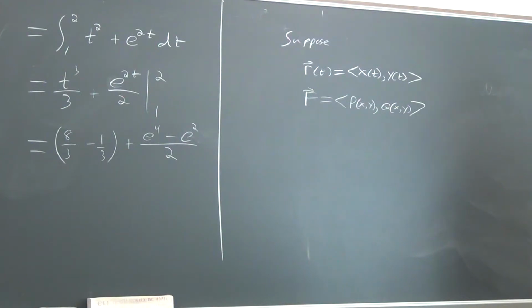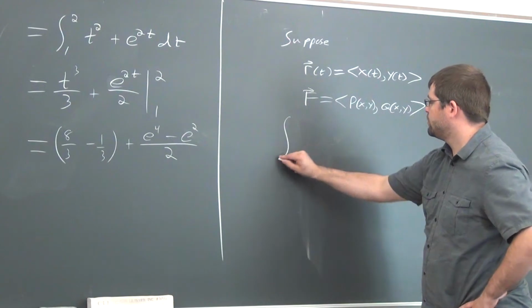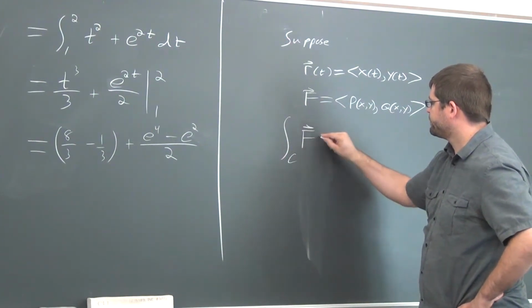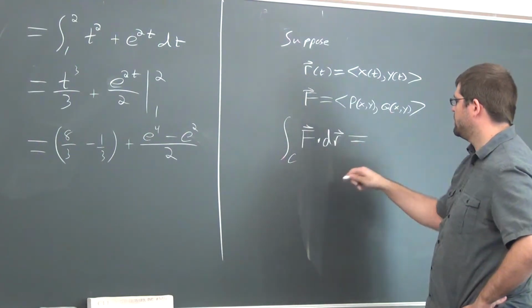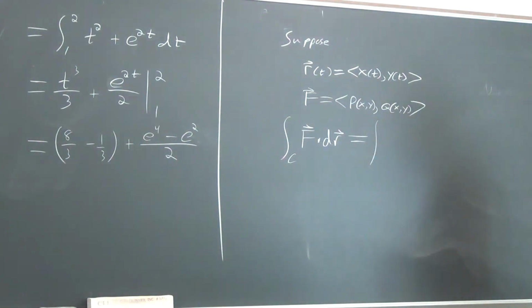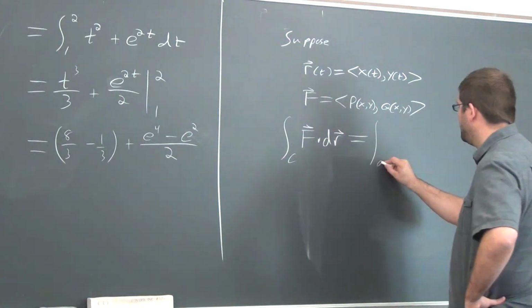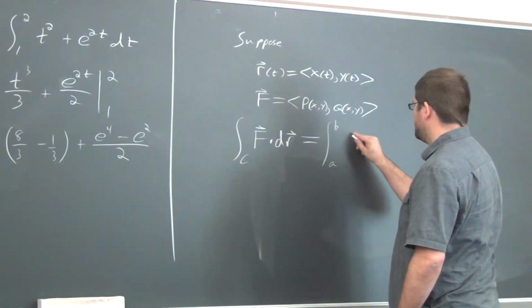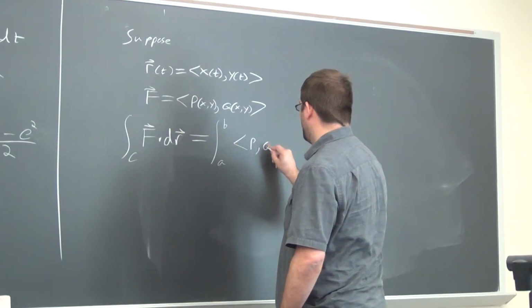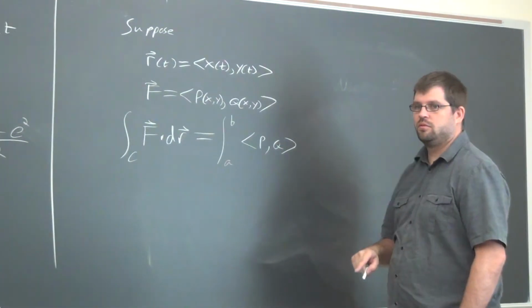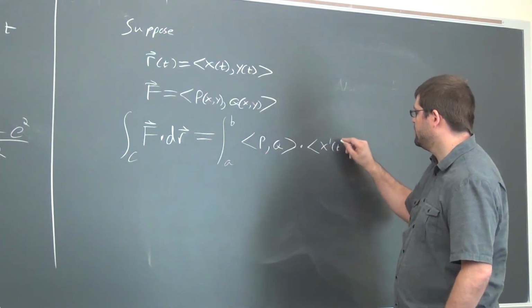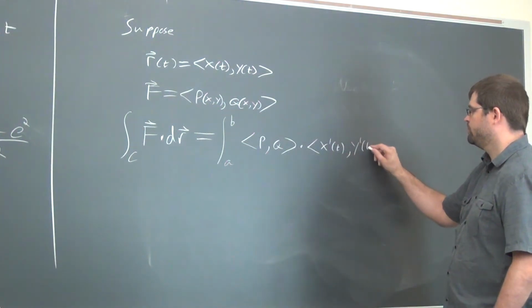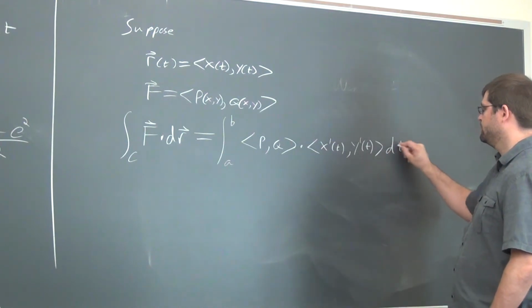So this is the line integral we're interested in. You'll often see stuff like this: the integral from a to b of the function pq, dotted with x prime of t, y prime of t dt.